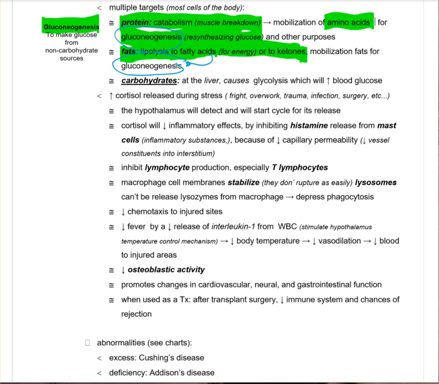So we've mentioned cortisol is released during stress, and there are a bunch of stress situations we can think about.